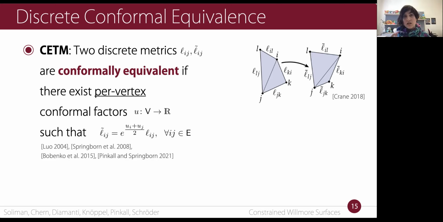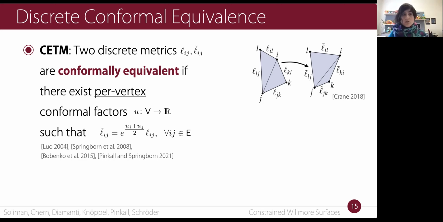What CETM says is that two metrics, meaning edge length assignments, L and L tilde, are conformally equivalent if there are numbers u per vertex such that the lengths L tilde are equal to L scaled by the average of these numbers u at i and at j. And you also apply an exponential to make sure that the scaling is positive, because you always, of course, need positive edge lengths.